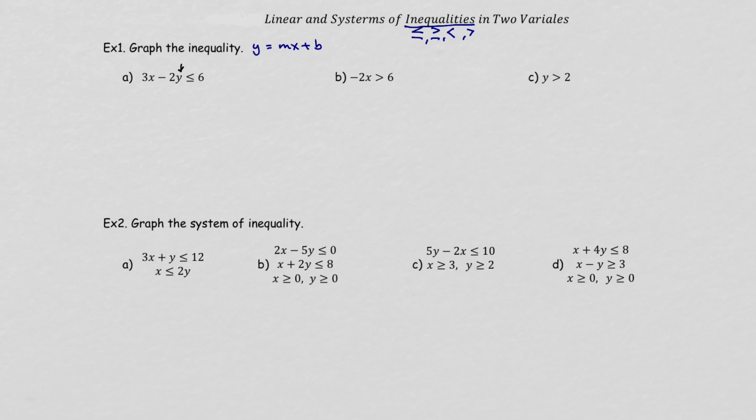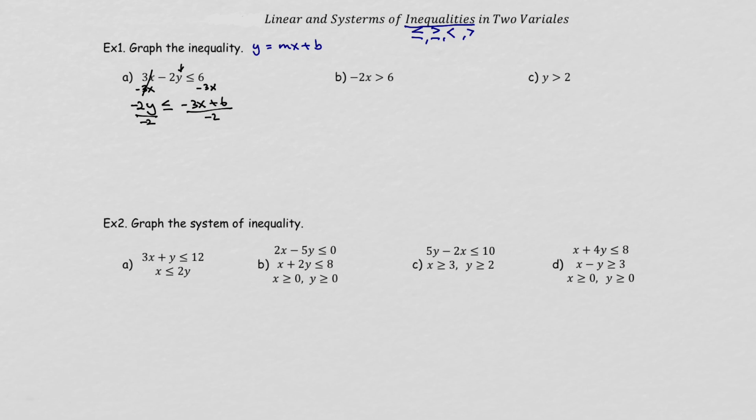First I'm going to subtract 3x from both sides. Then you get negative 2y is less than or equal to negative 3x plus 6. Now let's divide both sides by negative 2.